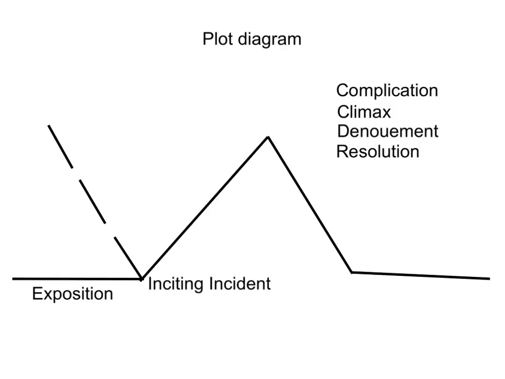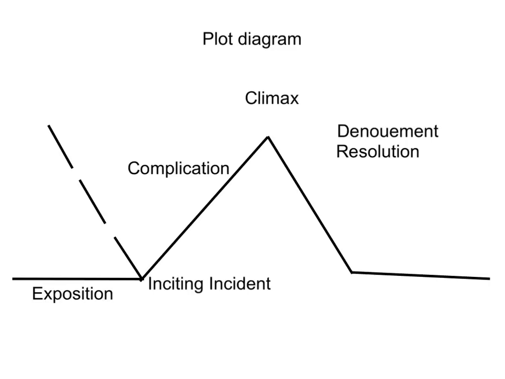The next part is the complication. The complication is designated by this line going up. The complication is all the events occurring in Act 2. The next part is the climax.